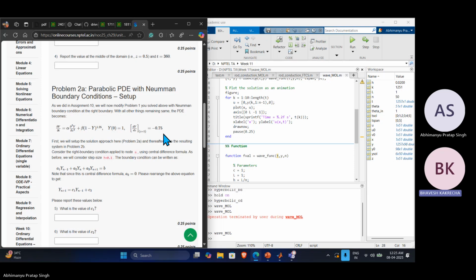So note that since this is the central difference formula, a2 equal to 0, please rearrange the above equation to get the below equation.